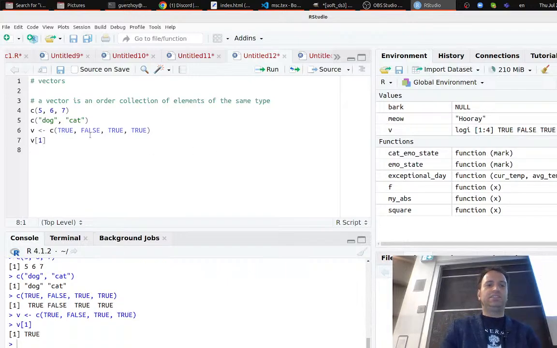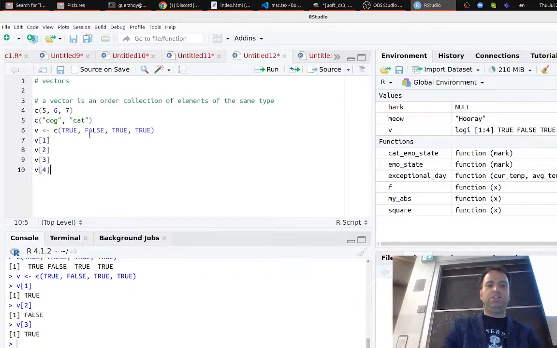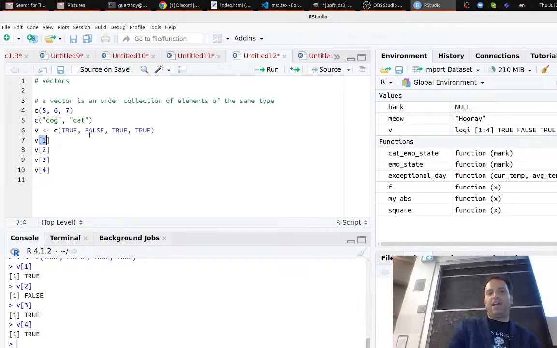You can access this false using v2. This is true, and the fourth element is true. So you can access elements of the vector like this. So 1, 2, 3.